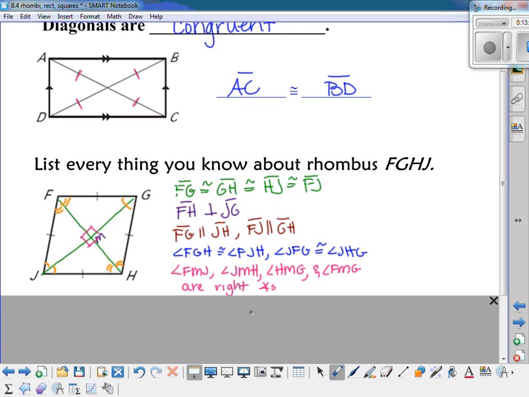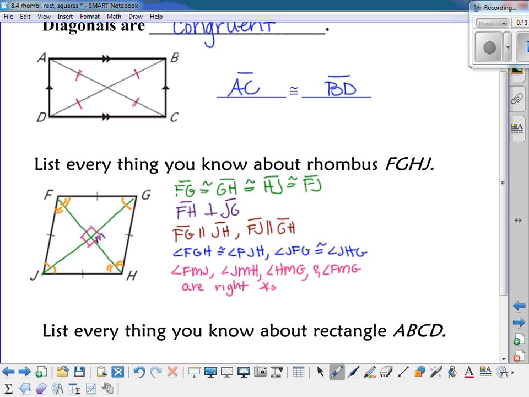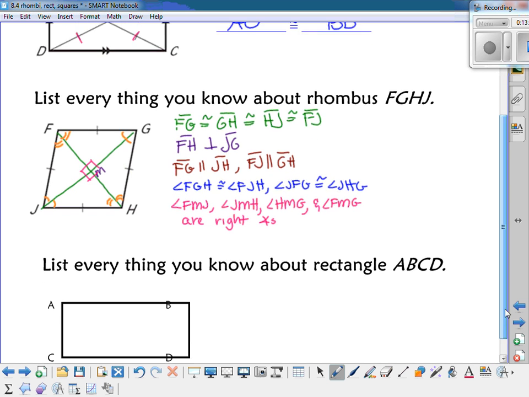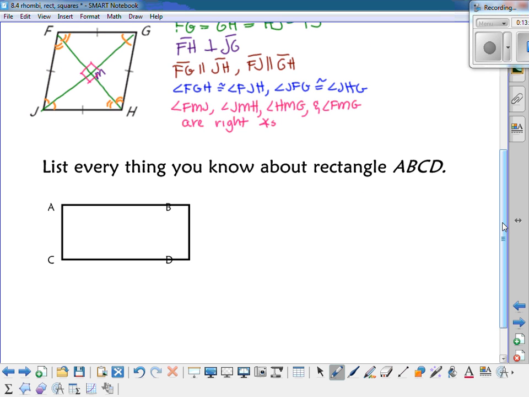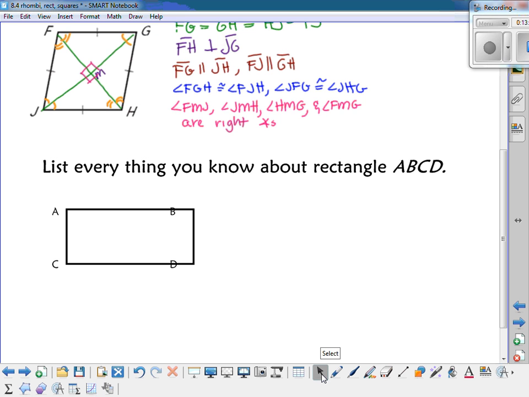All right. And if we look at a rectangle, there's all kinds of things we know about the rectangle as well. Looks like my letters got messed up though somehow. Oh well. So for the rectangle, everything that's true of a parallelogram would also be true for my rectangle.